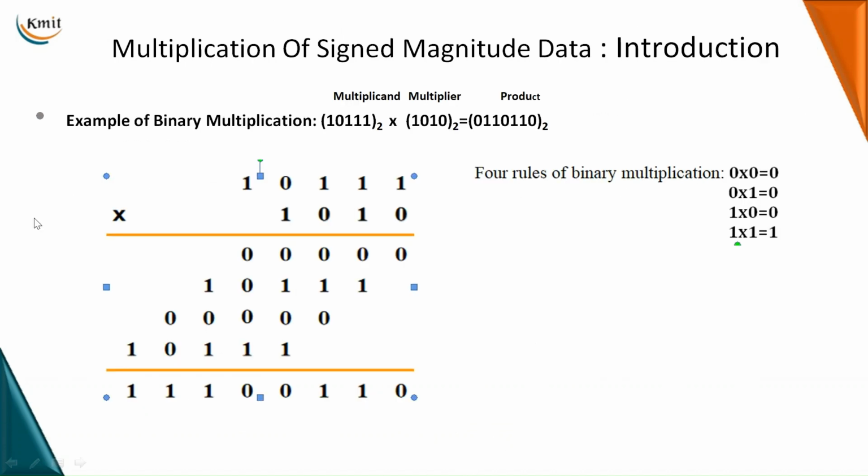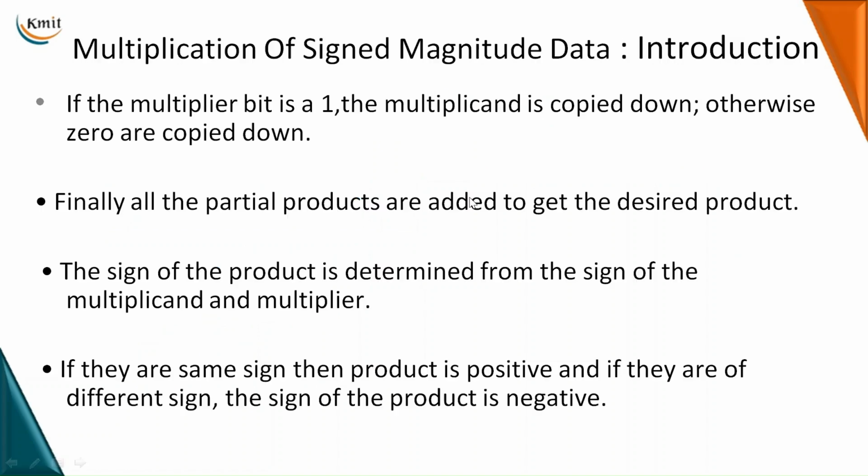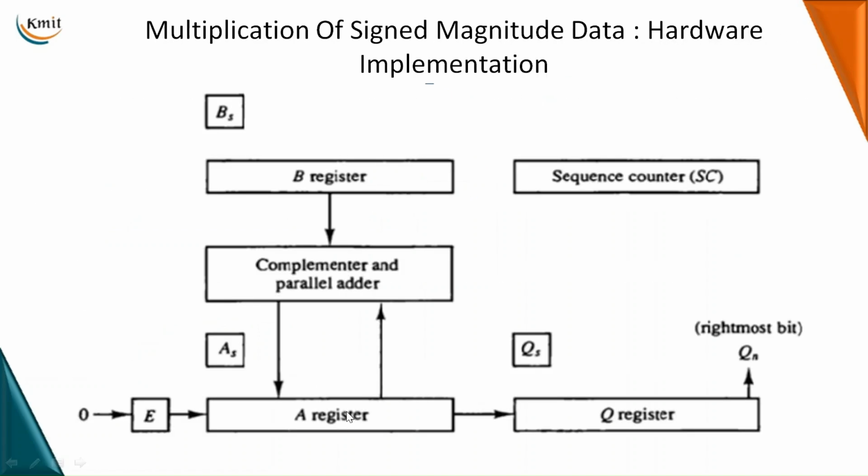Say I am taking a 5-bit multiplicand and a 4-bit multiplier, you get a product which is 8-bit, and this cannot be accommodated in a single register. So the product requires two registers, A and Q, which are used to store your product.